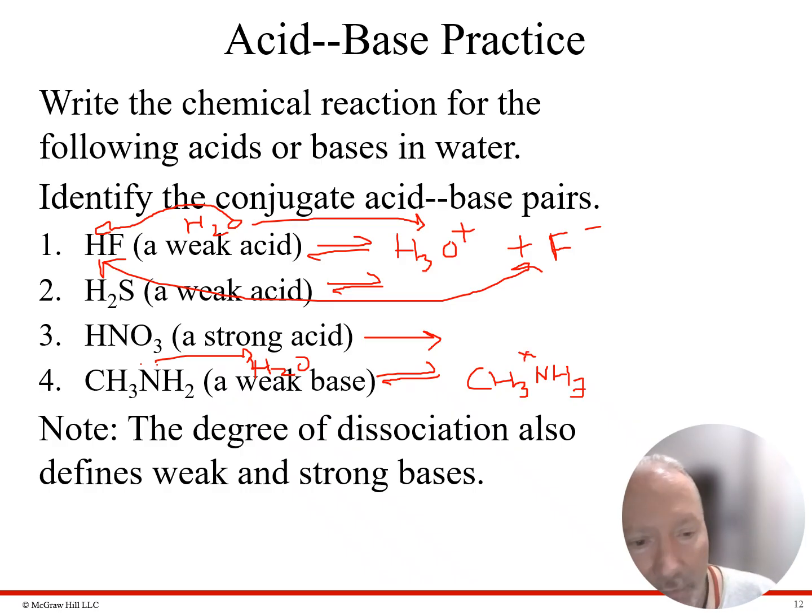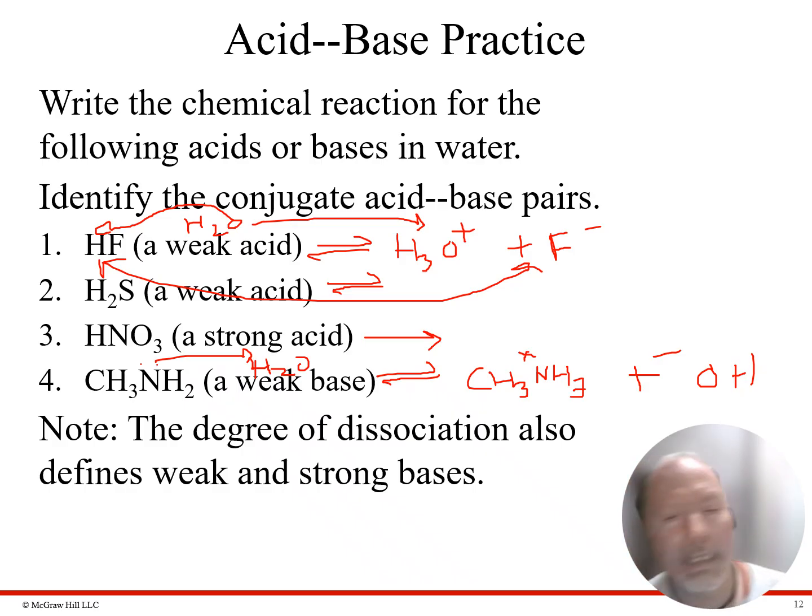And then we have hydroxide anion formed with a negative charge. So the water acts as the acid, and the hydroxide is the conjugate base. And this primary amine group acts as the base and then becomes the conjugate acid.